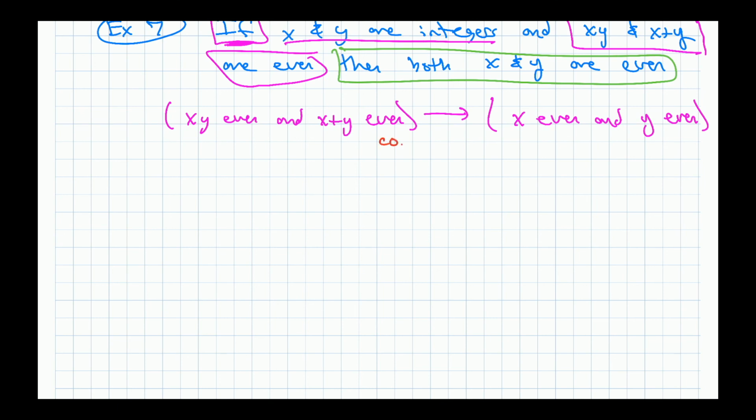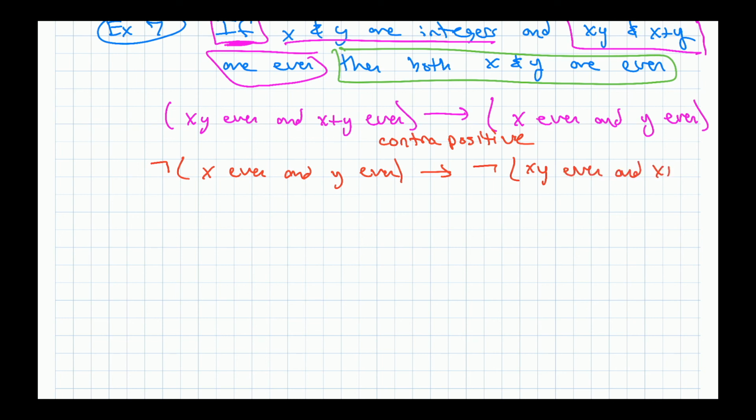So the contrapositive, remember, you switch the order and negate them. So it'd be not (x even and y even) implies not (xy even and x plus y even). Right? So that's the contrapositive.